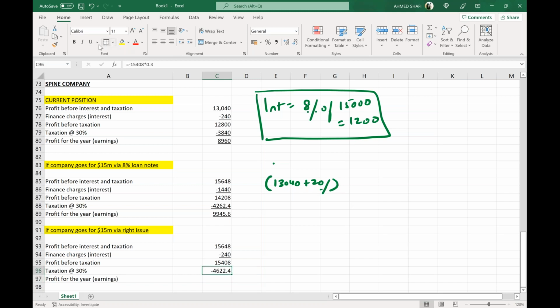So your PAT is going to be 10785.6. This is if we raise finance via a rights issue. So whether it should go for debt or equity, you have one point now that the equity option is resulting in more profit compared to the debt option. Copy it, then I will calculate the further ratios.